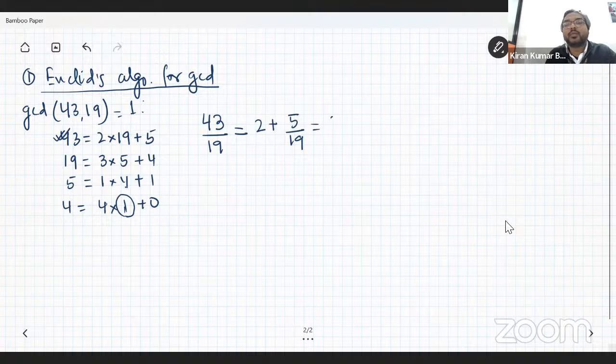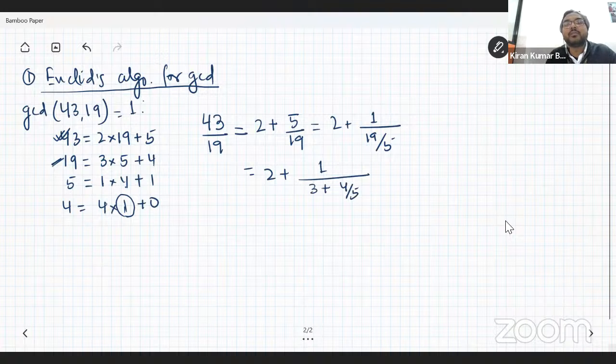And this is 2 plus 1 by 19 by 5. Now divide this equation by 5. I will get 19 by 5 is 3 plus 4 by 5.